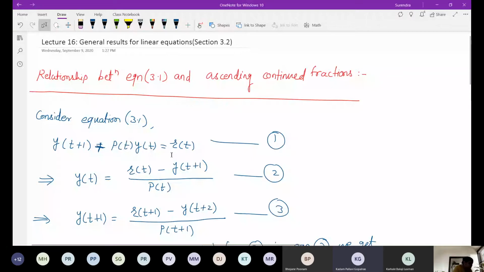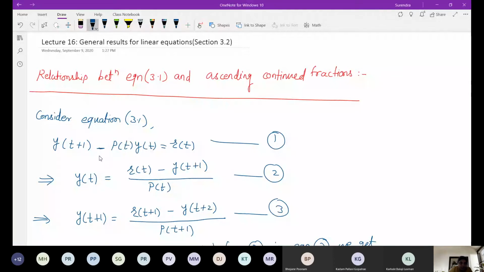Yes, 3.1. Y at t plus 1 minus, it is minus. If it is minus then it will change. So I will just keep the form. If it is plus, then yours is right, if it is minus, but we will stick to 3.1. Our general form is y t plus 1 minus p of t y t is equal to r t.